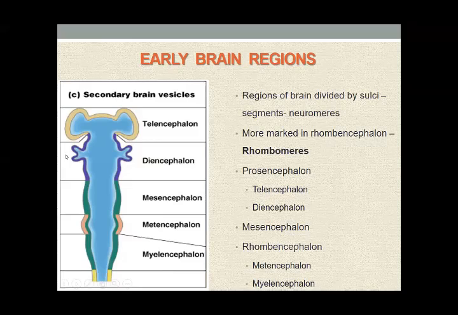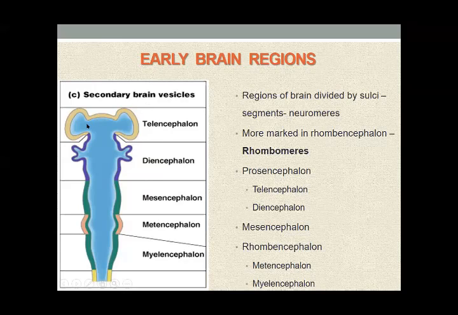So I repeat once again, these transverse sulci divide the neural tube and the different regions in the neural tube into multiple segments. These segments are called neuromeres. At the caudal end they are more marked, so at the caudal end we give them the name rhombomeres, because in the rhombencephalon they are well developed, so we call them rhombomeres. This yellow is the spinal cord, okay?